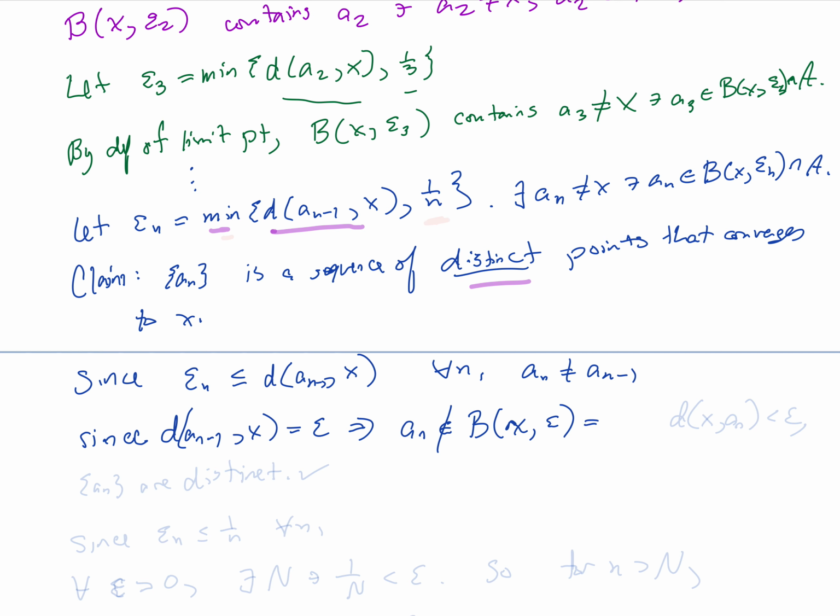That's the set of all things such that the distance between X and A sub n is less than that value.